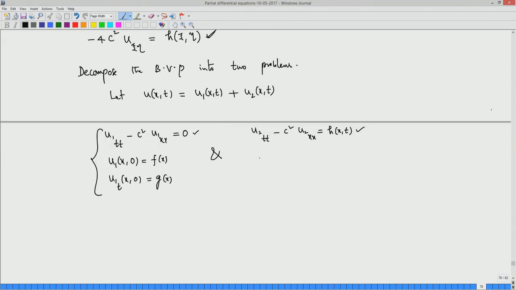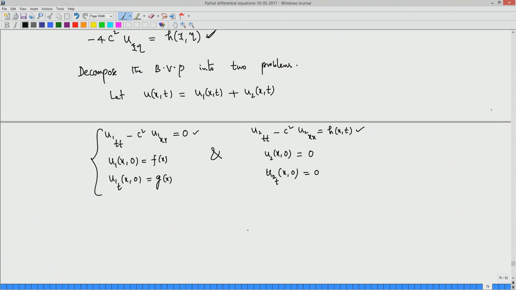Now the initial data: u2 at x, 0 has to be 0, because u at x, 0 is f of x, and u1 has already taken this f of x. Similarly, u2t at x, 0 has to be 0.